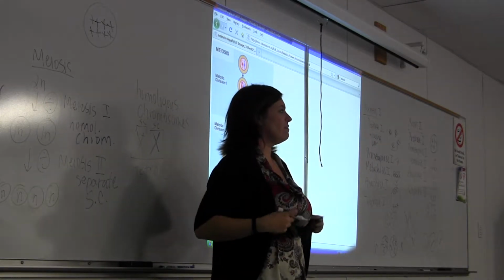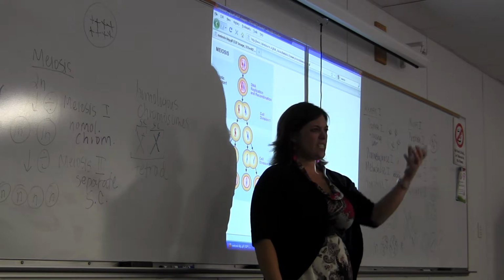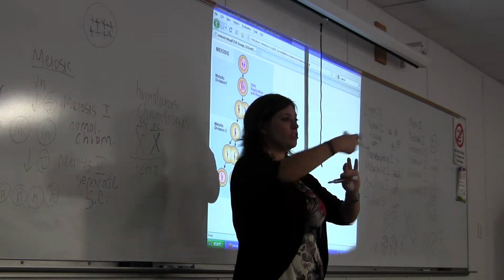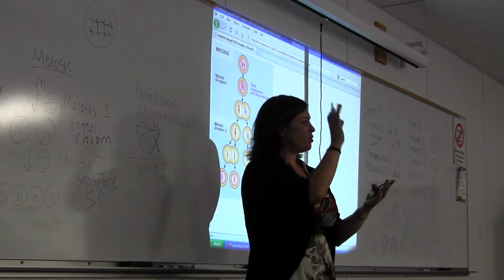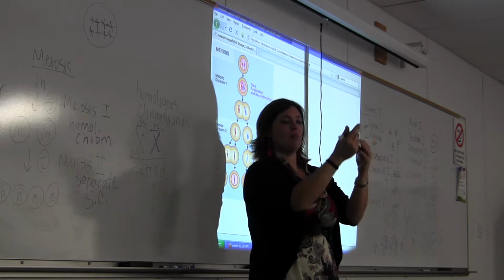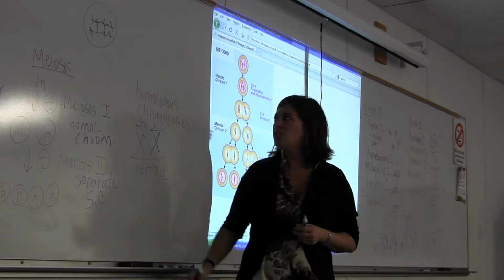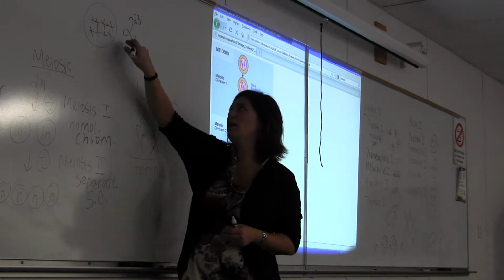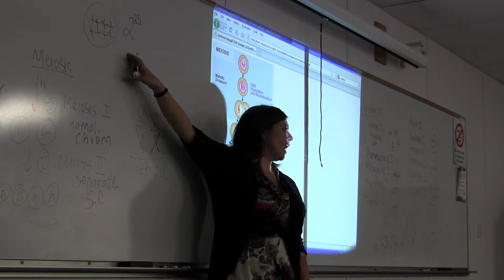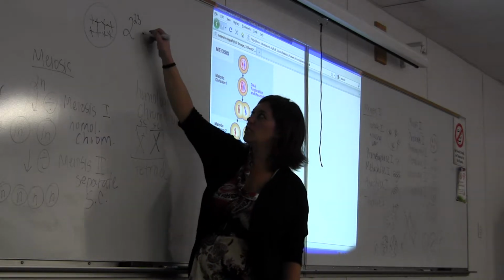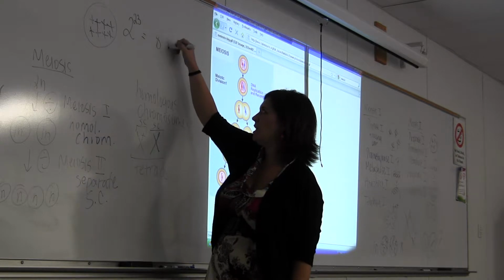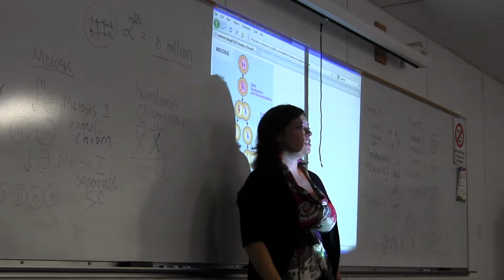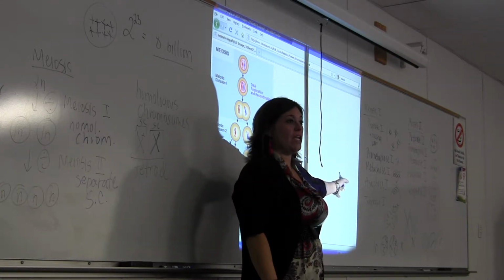And so since we have 23 different sets of chromosomes, there's more than 23 different ways, but there's all these possibilities for how each one of these chromosomes aligns compared to its homologous chromosome. And so the number of possibilities of chromosomal arrangements is 2 to the 23rd power. So every time that meiosis occurs, this comes out to be, I think it's like 8 billion. So there's 8 billion different genetic combinations that can result in meiosis.